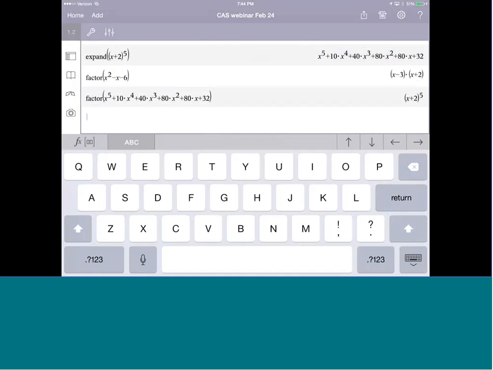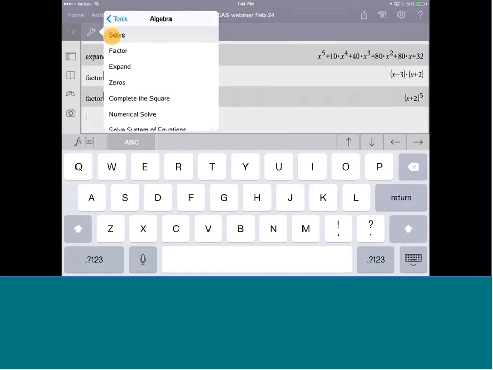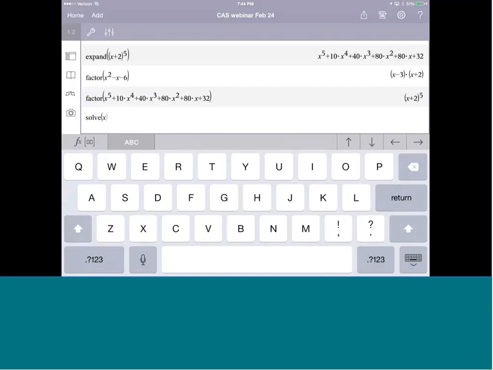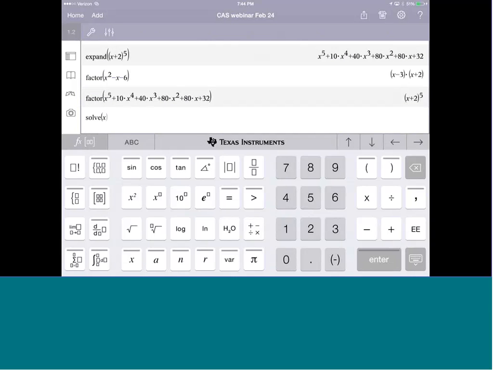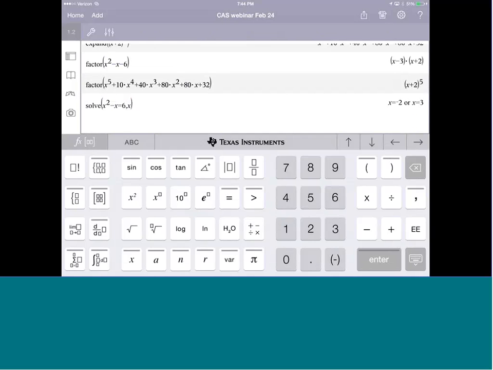You can solve all types of equations. Let's go with maybe x squared minus x equals 6, and I want to say comma x, meaning solve that equation for x. Love the word "or" there. You can also solve literal equations.